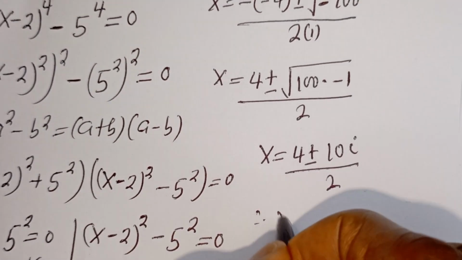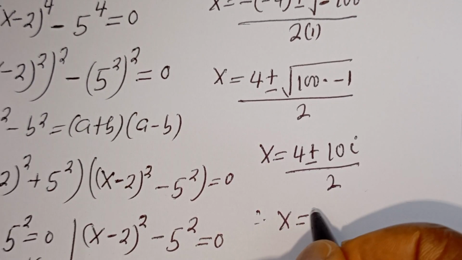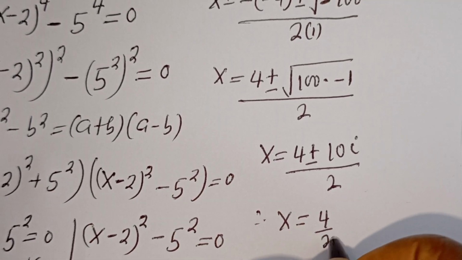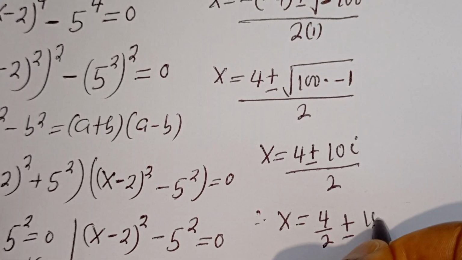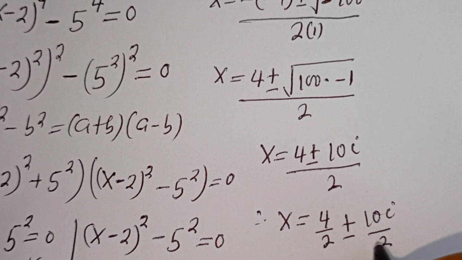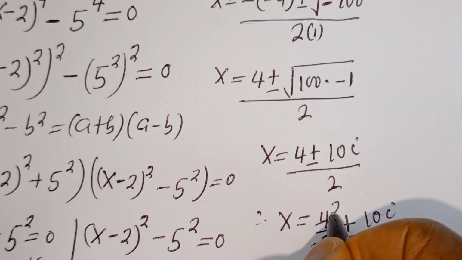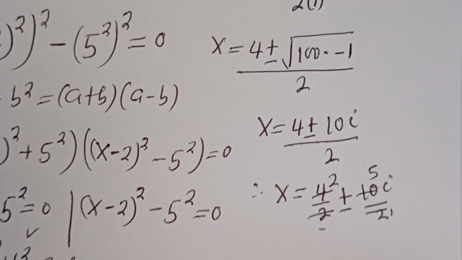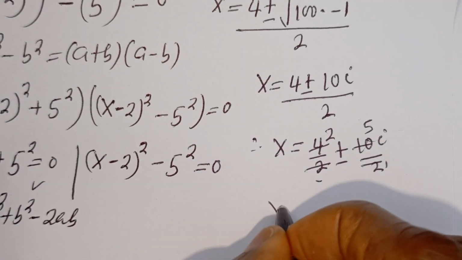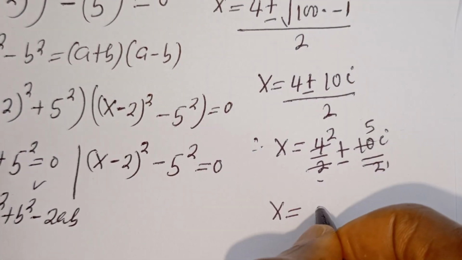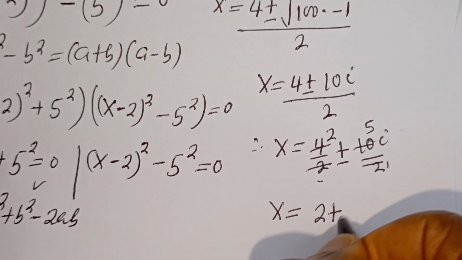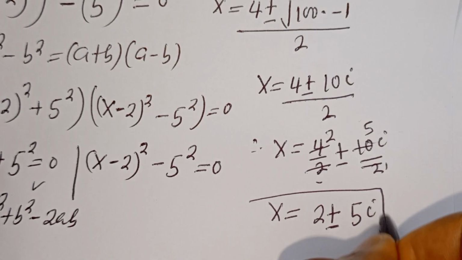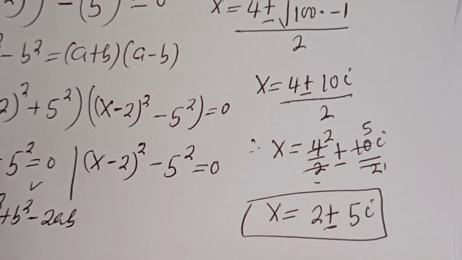Therefore, x will be equal to 4 over 2 plus or minus 10i over 2. Then x will be equal to 2 plus or minus 5i. These are the values of x from this first case.